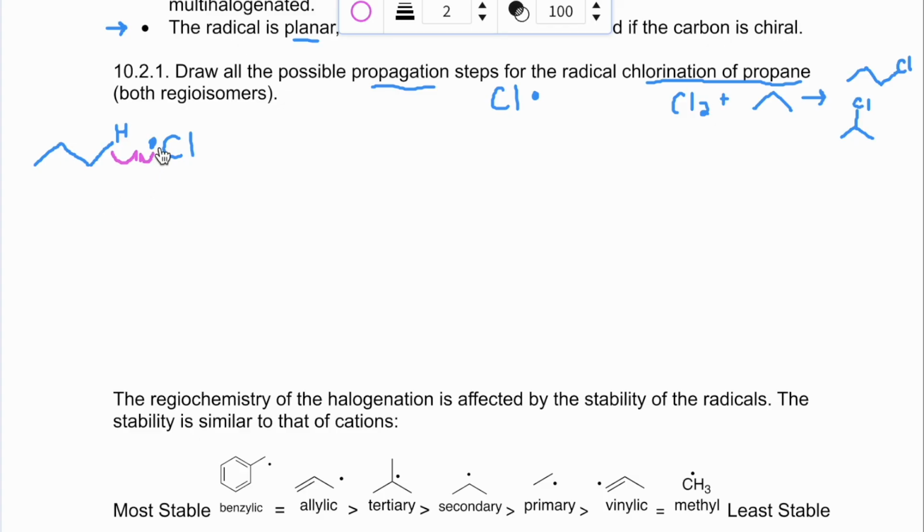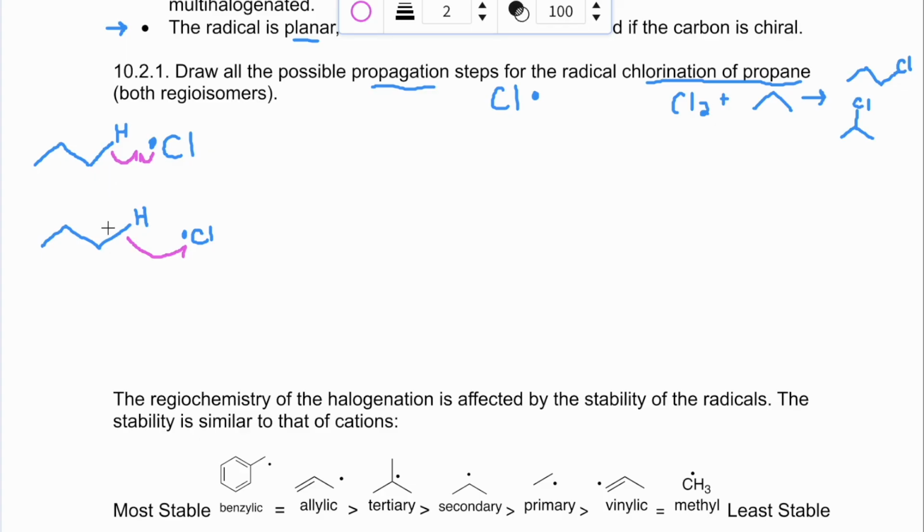So one way to draw this is this electron and this electron coming together in the middle of space. Another way to draw this, if you want, is to have the electron from the bond just go and land on the chlorine. And so there's already an unpaired electron there, so obviously this new electron is going to form a bond.